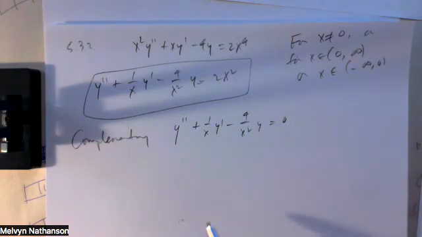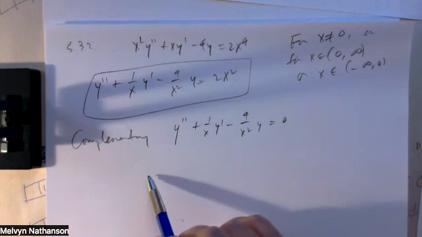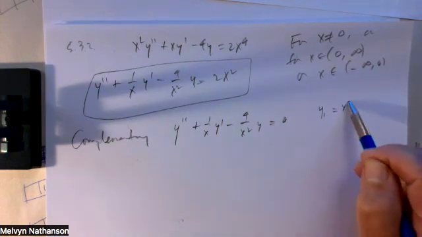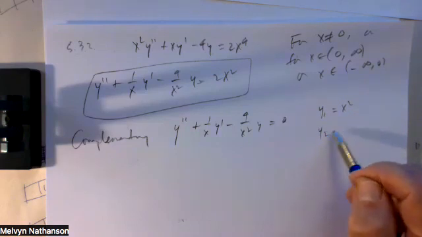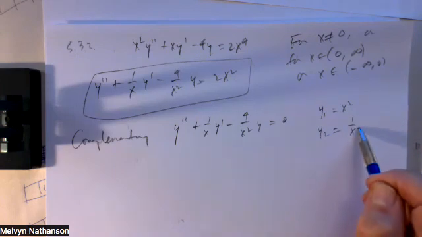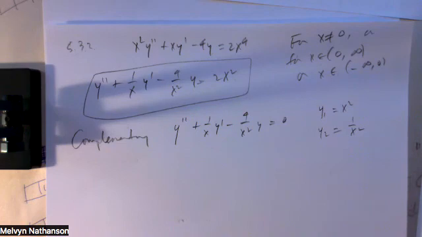We already studied this equation. This equation has fundamental solutions, y1 equal to x squared and y2 equals 1 over x squared. Let's just check.